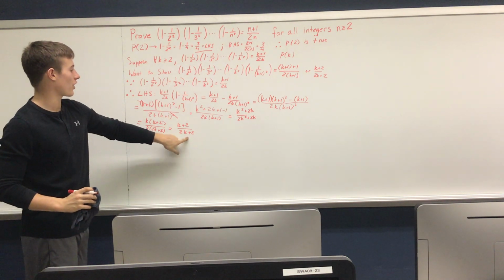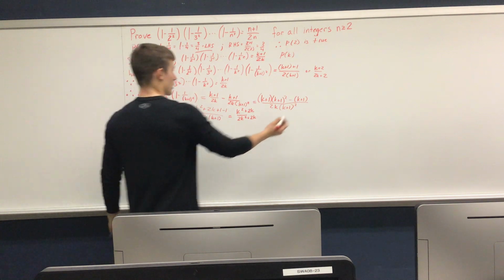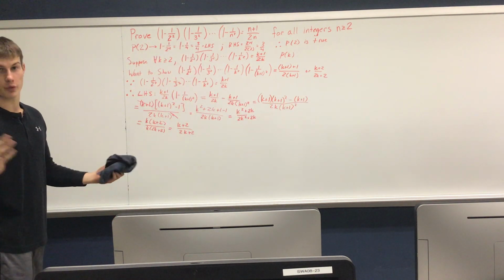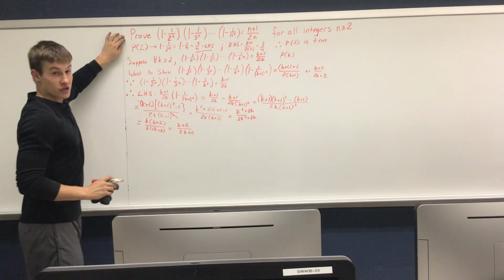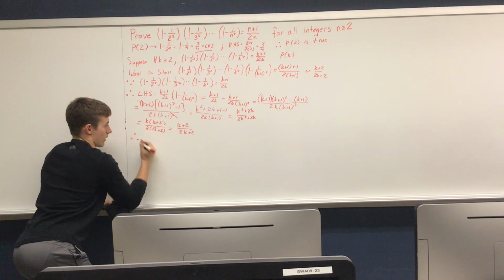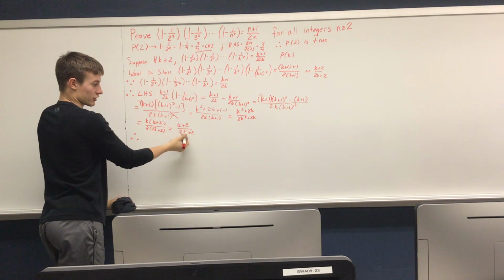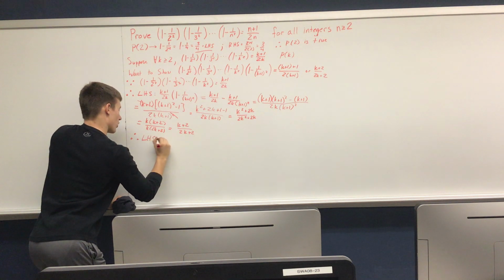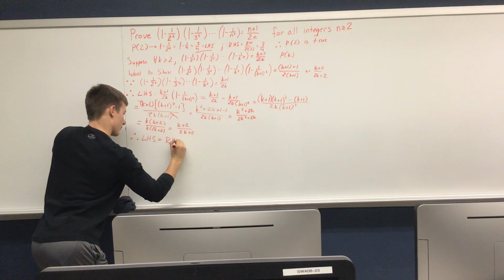But you notice something, that our left-hand side is equal to our right-hand side. Therefore, we proved that this is true. So therefore, our left-hand side is equal to k plus 2 over 2k plus 2, which is also equal to our right-hand side.